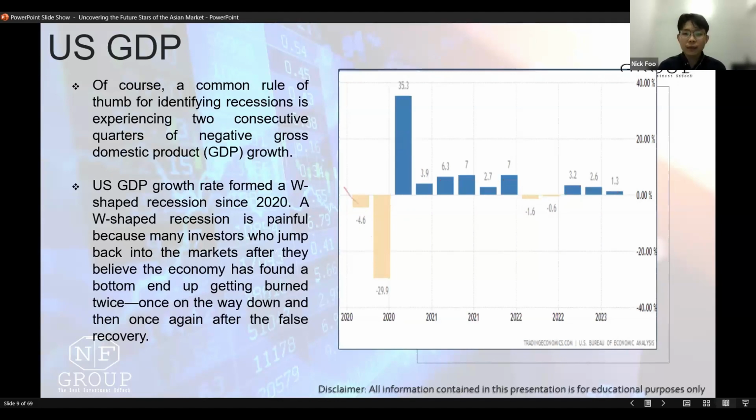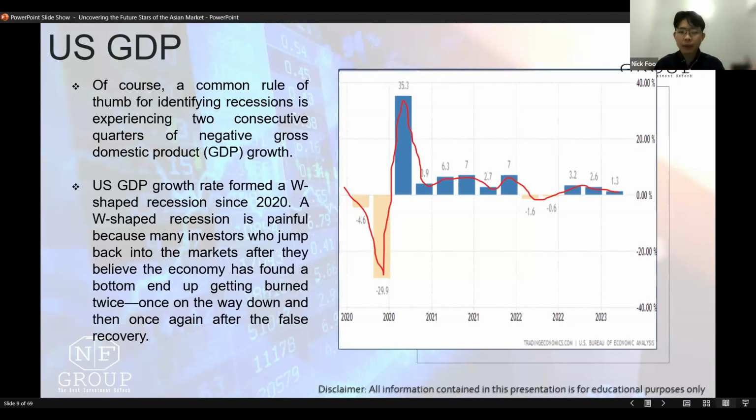But you can see the US GDP growth trend is very bumpy and very choppy. This kind of shape we call a W shape. It's a W-shaped recession, and this is definitely a very painful W-shaped recession, ladies and gentlemen. That's why when we trade over the past one to two years, you can feel it.